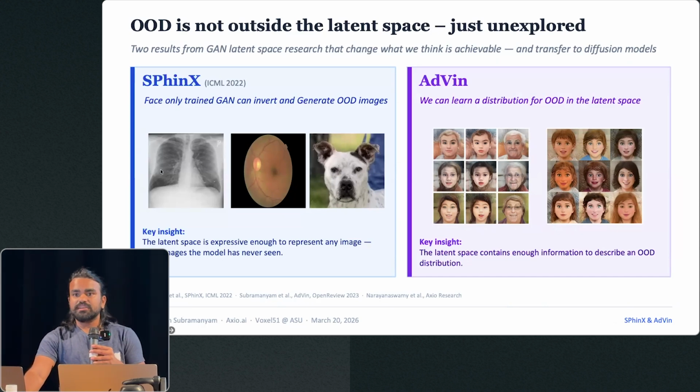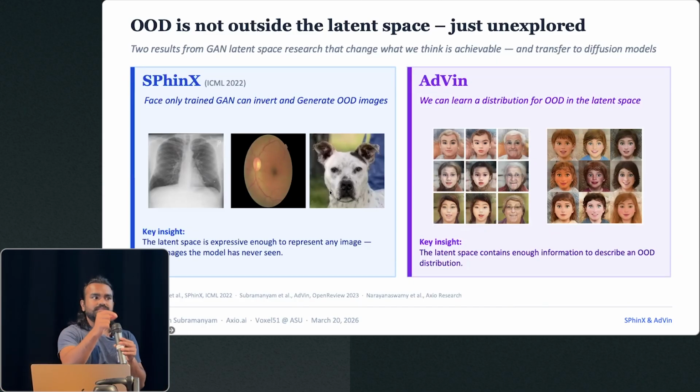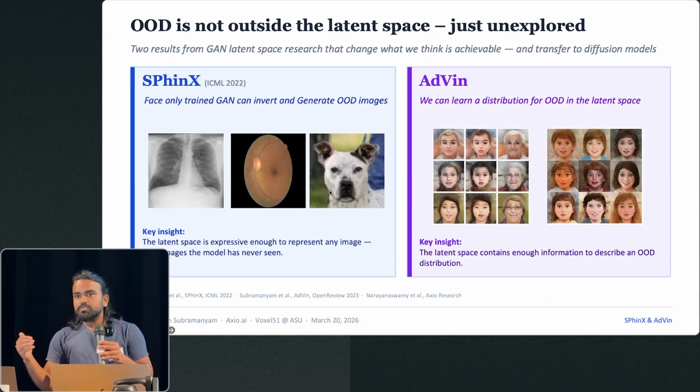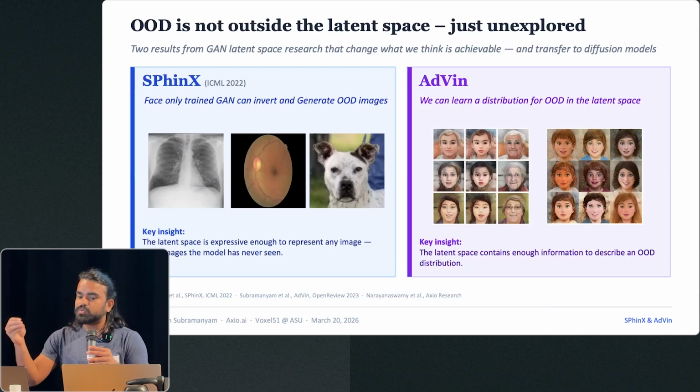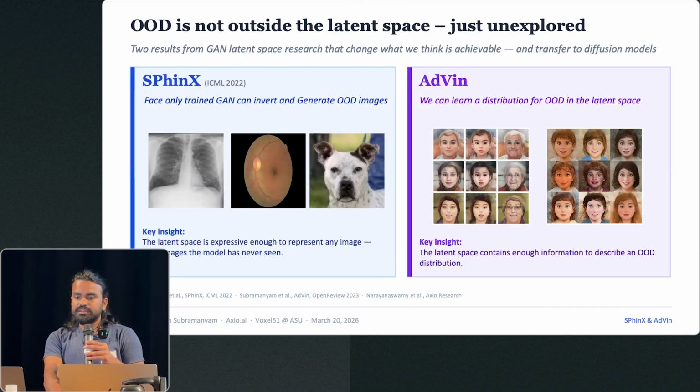Can we generate retinal images or dog images? We found we can absolutely invert, find an isolated point, and regenerate, which means these points exist within the latent distribution. So a face-only trained image generator can invert and generate chest X-rays and dogs.